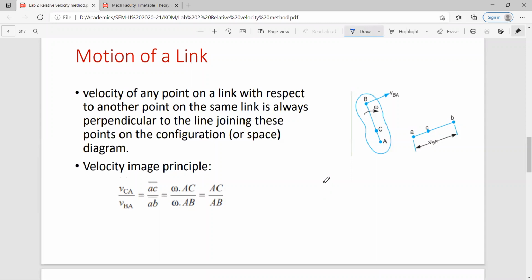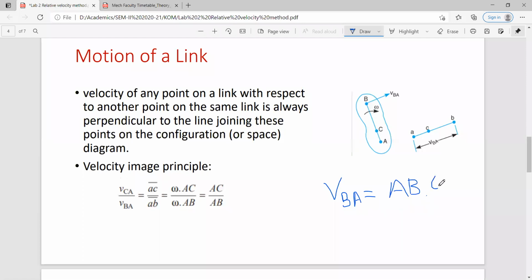Again, for magnitude you remember, see, you are writing like this velocity of point B with respect to point A. So you know that velocity is radius multiplied by angular velocity. So how to take the radius? Radius for point B, point A acts as center. So radius will be for point B, it will be nothing but distance between these 2 points, AB.